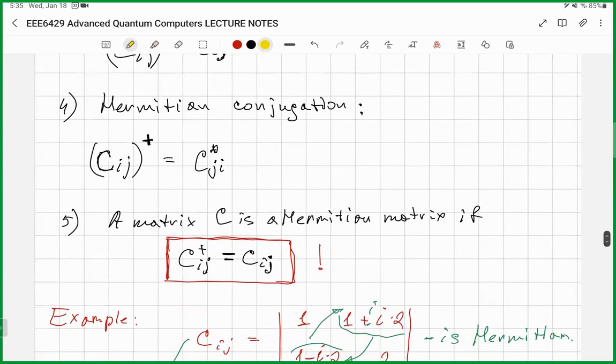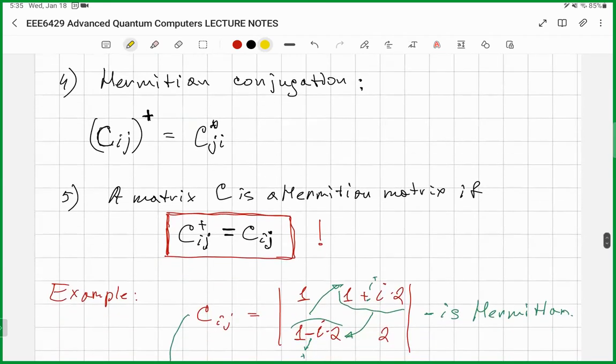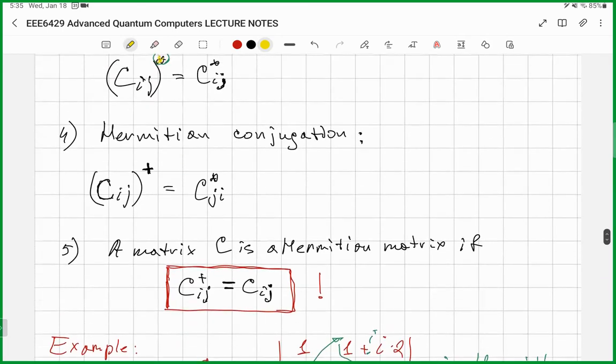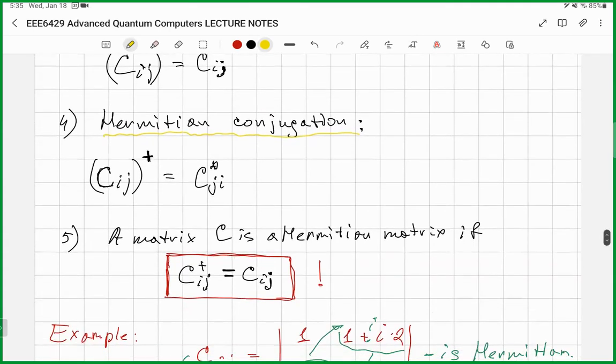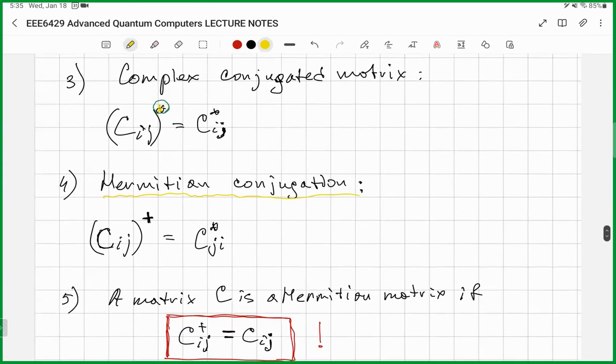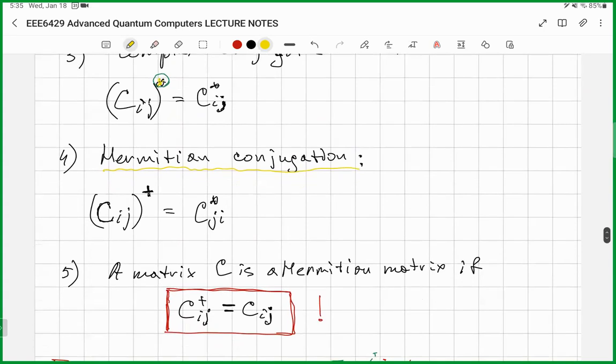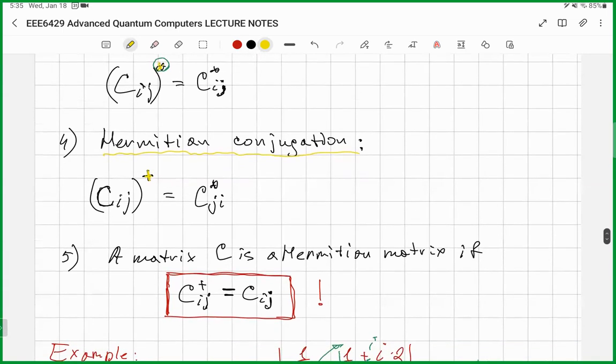The fourth operation is the Hermitian conjugation. Hermitian conjugation is something a little bit more sophisticated, and this is what we really need to talk about quantum. Hermitian conjugation is denoted by this dagger sign, or a little plus, and it consists in taking the complex conjugation of all the components of a matrix, right?